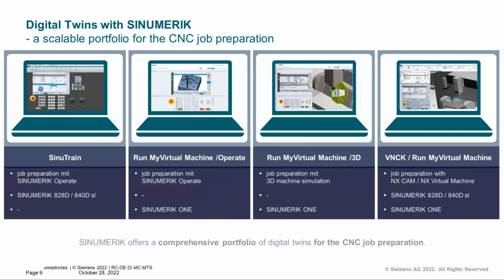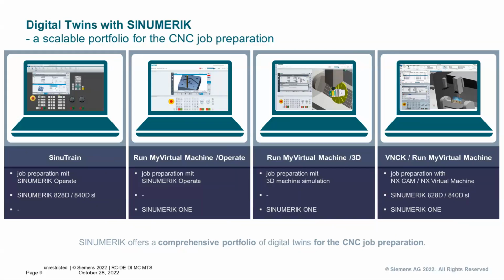It does go beyond the capabilities of Sinutrain, primarily because of how we behave with the system's PLC. The PLC is that little piece of software running in the background that makes your machine behave the way it's going to behave, whether it's the tool changer functionality, turning your coolant on, or turning chip conveyors on. That's all handled within the PLC.